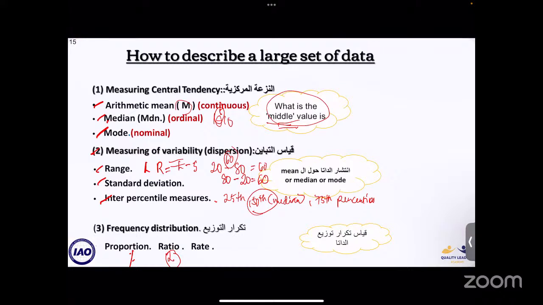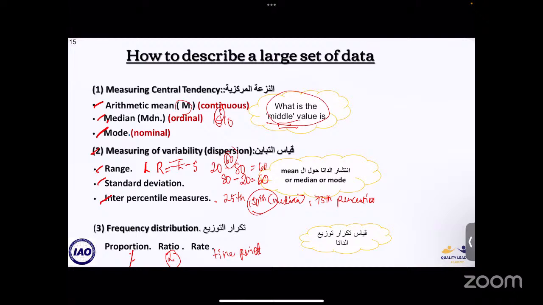So that is ratio. A rate is similar to a proportion, but includes a time period. For example, the rate of hospital admissions over a month. These measures are essential for comparing data sets and identifying significant differences or trends over time.